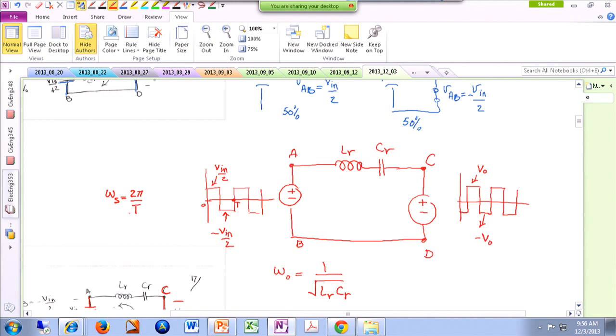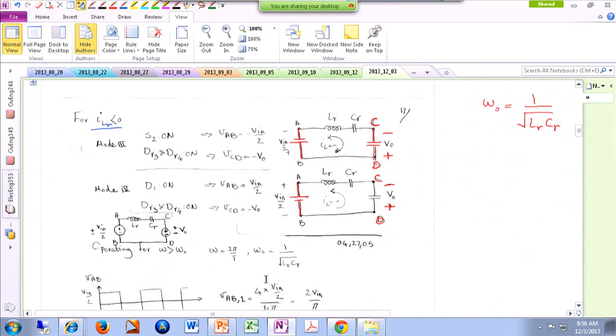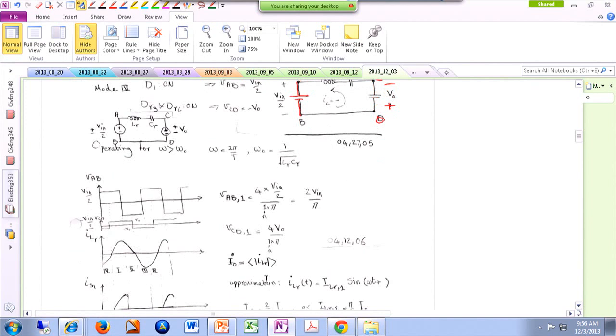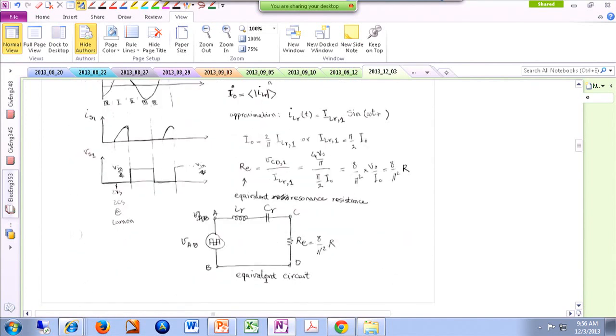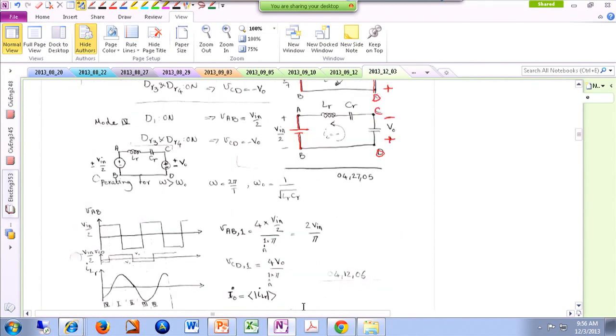In the analysis that we are about to have, the assumption is that the switching frequency is slightly larger than the resonance frequency. Just keep that in mind. It should be a little bit larger. If it is a little smaller, you get almost the same results, but if it is drastically larger or drastically smaller, you're going to get totally different results.